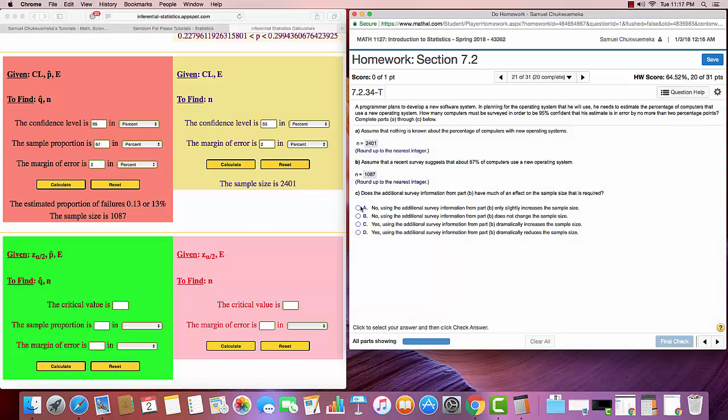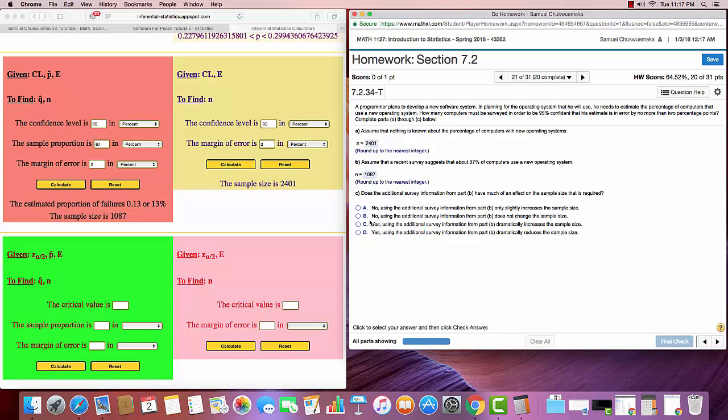C, does the additional survey information from Part B have much of an effect on the sample size that is required? Yeah, of course. You see that this is from 2401 to 1087. So, of course, it has an effect. So A and B, we eliminate them.